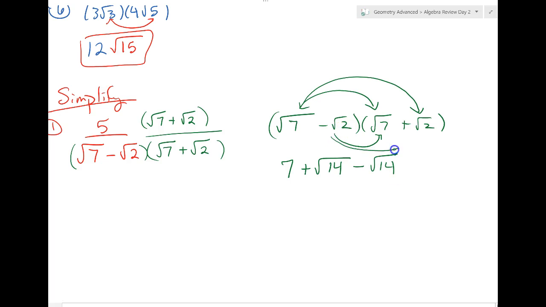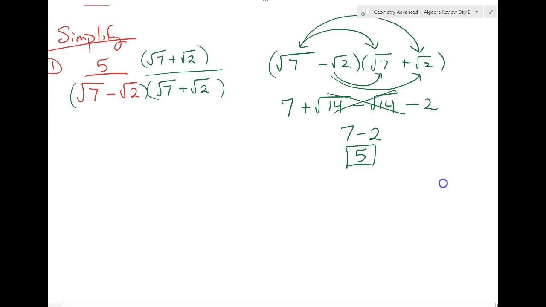What if I have a negative 2 times a negative root 2? What do we get here? Minus 2. What happened to my radical 14s? So I get 7 minus 2, which is 5. Now, let's just pause for a moment. You guys don't write anything down except for the fact that's 5, okay?